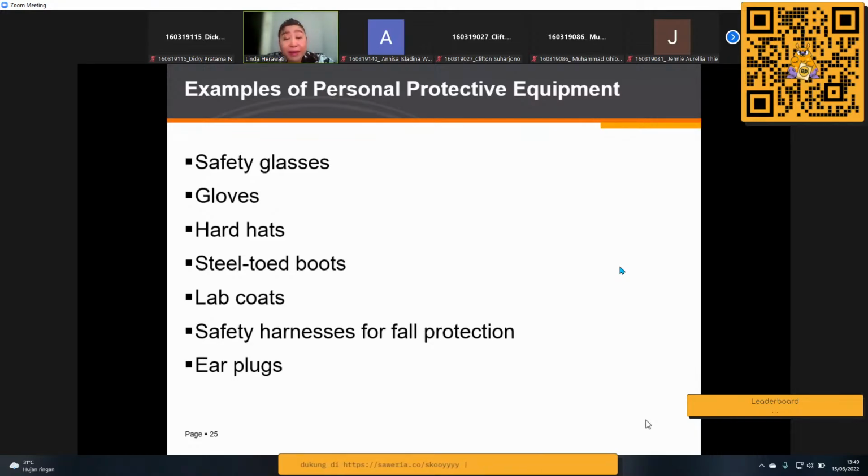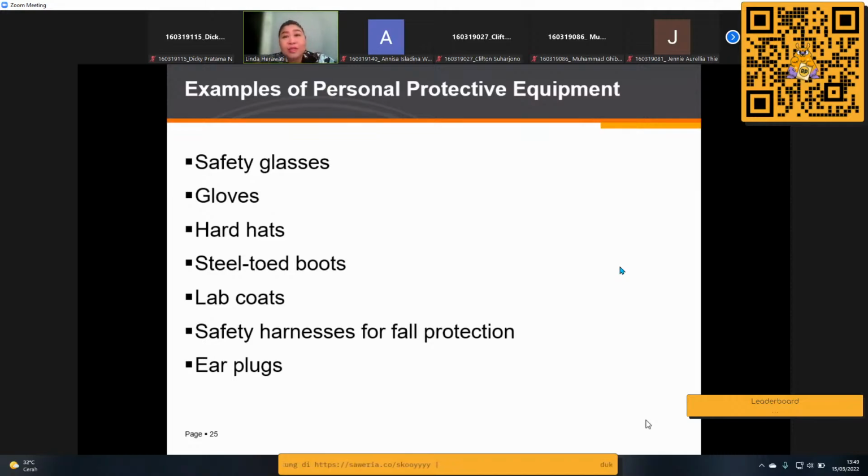It depends on the process that you are involved in. And also the hard hats. The hard hats should be worn properly to cover your head from materials that can hit your head. And also steel-toed boots.